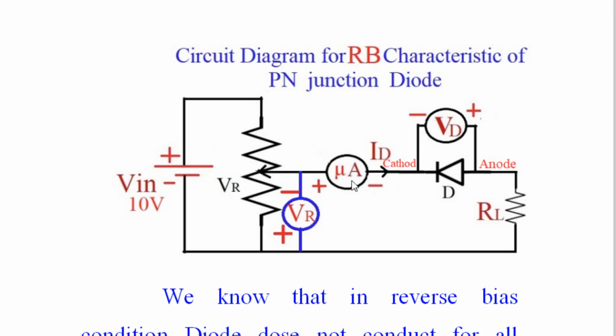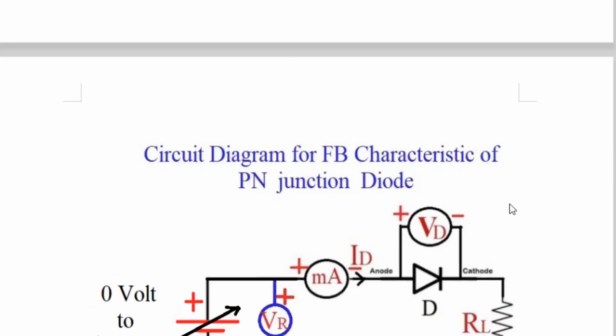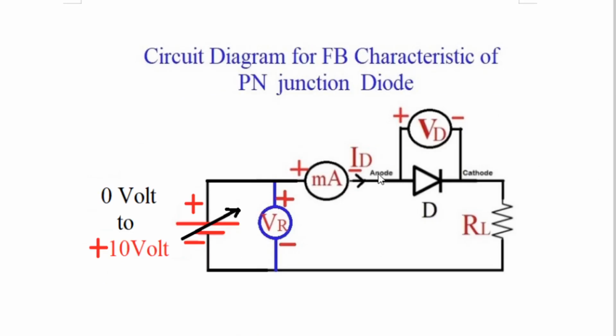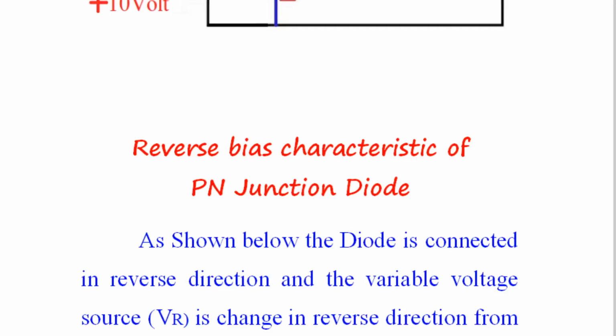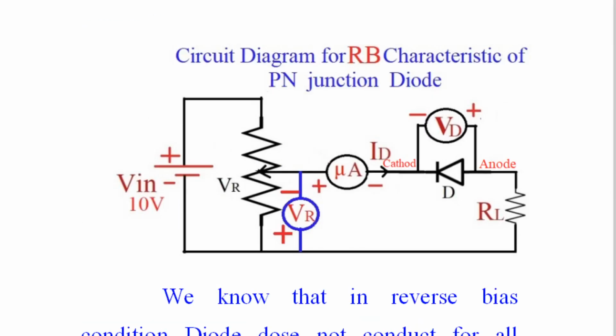Now look at this microammeter. This is not a milliammeter, because this is microampere, because our diode is reverse biased. Again, I will explain why the diode is reverse biased: because we have changed the direction of the diode. In forward bias condition, see the diagram over here, the diode's anode was going to the positive of the battery and the cathode was going to the negative of the battery, anode on the left hand side, cathode on the right hand side. In reverse bias, we are changing the direction of the diode.